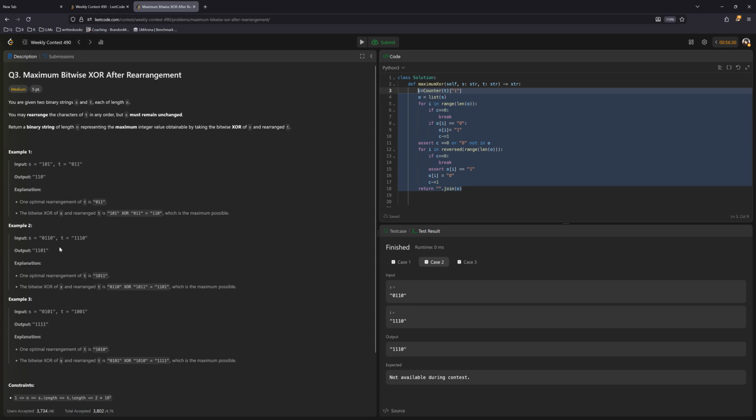So, because you can't flip it twice. So the output, I don't know what the optimal is.